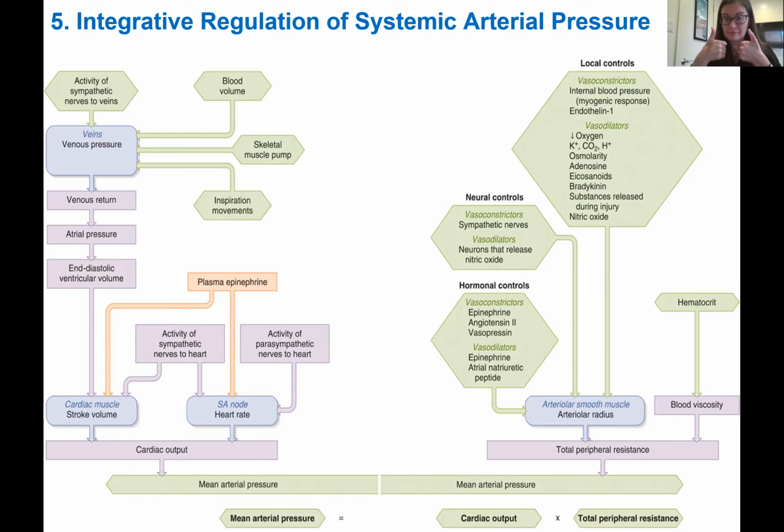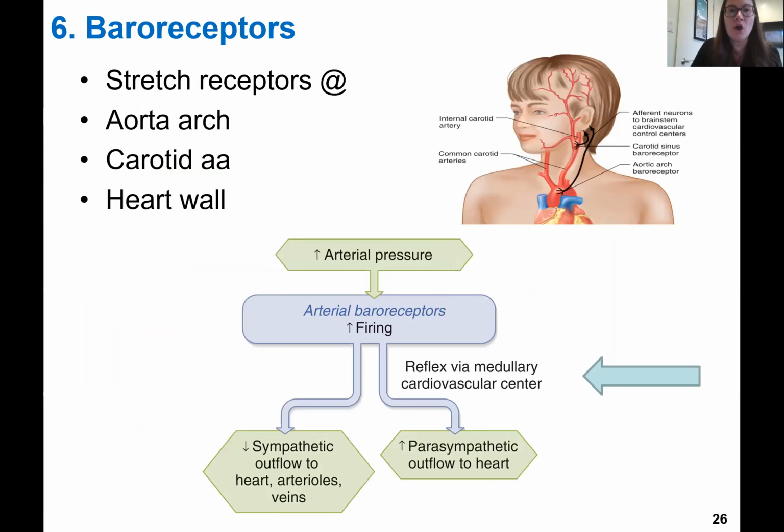Okay? All right. One of the things that's going to help modify blood pressure and regulate it are sensory receptors called baroreceptors. Baro is pressure. You have a barometer that tells you what the atmospheric pressure is.